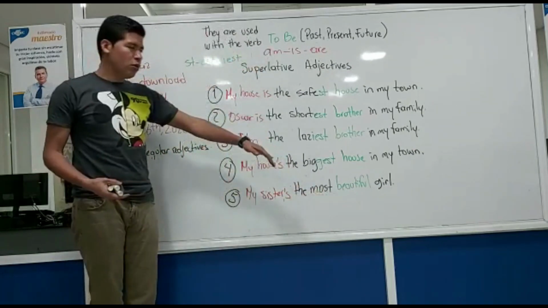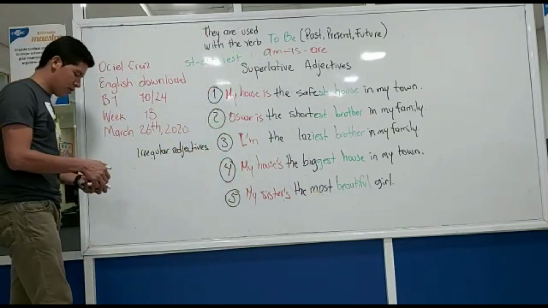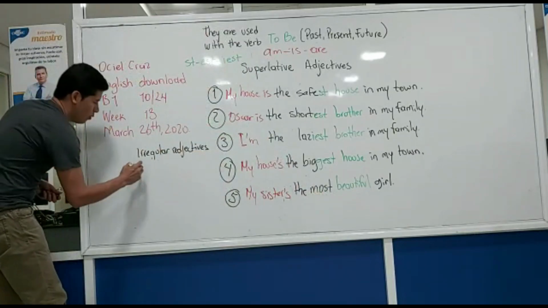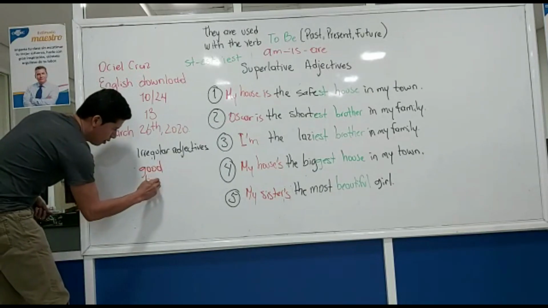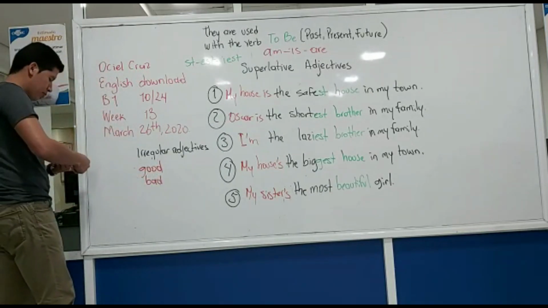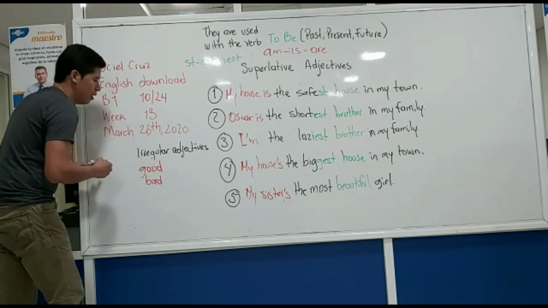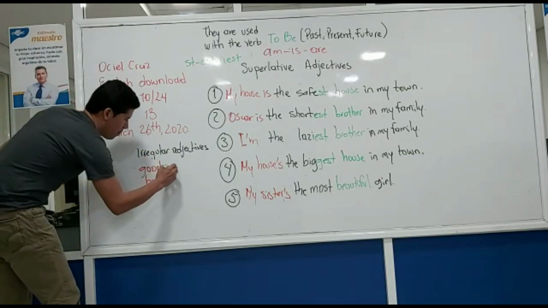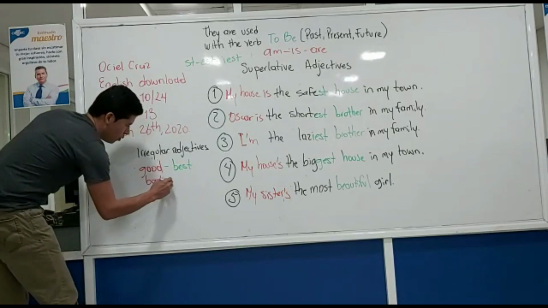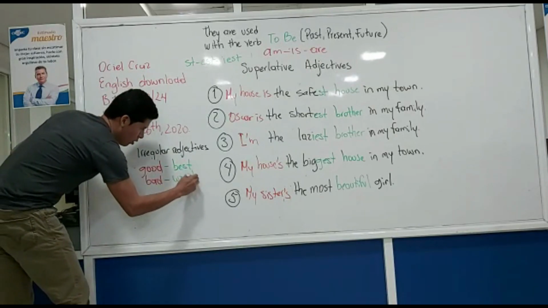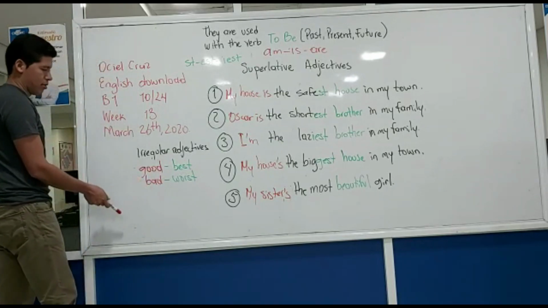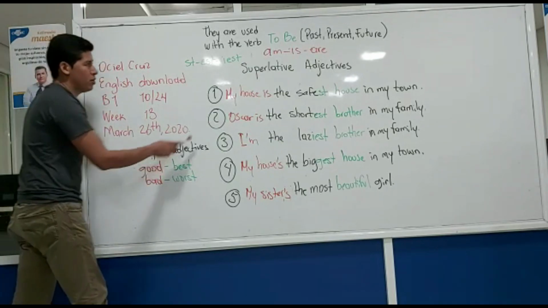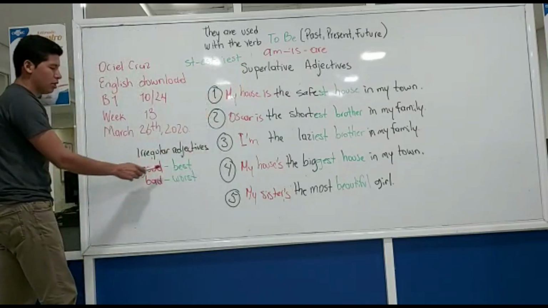So when you use irregular adjectives, we use good and bad. When you refer to these irregular ones, you say best and worst. You use worst with bad because it's irregular. I don't use the regular rules, and good is best.